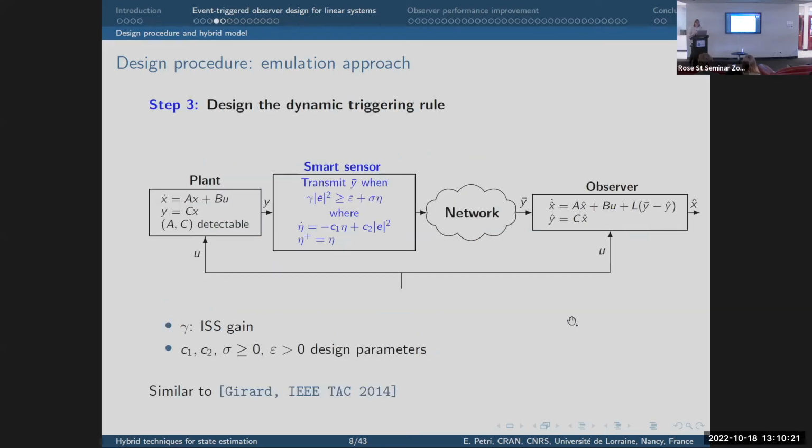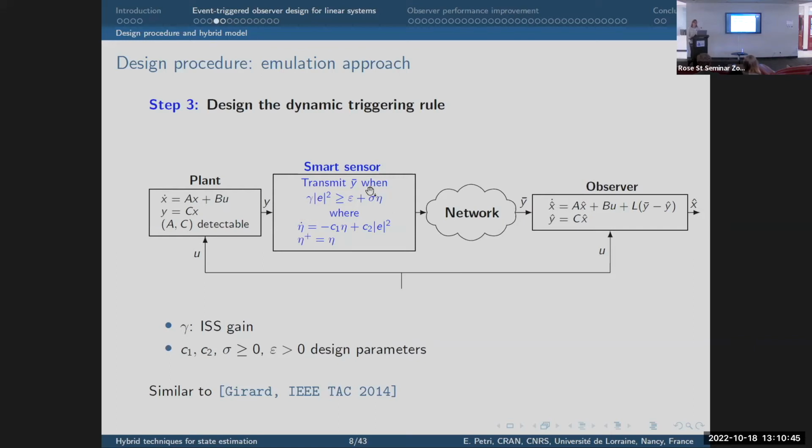Therefore, this is the triggering rule that we propose. We propose to transmit a new output data when this condition is satisfied. So we compare the sampling-induced error e, and when this quantity is greater than a constant, as happens in the absolute threshold triggering rule in the literature, plus this additional term, we trigger a transmission.